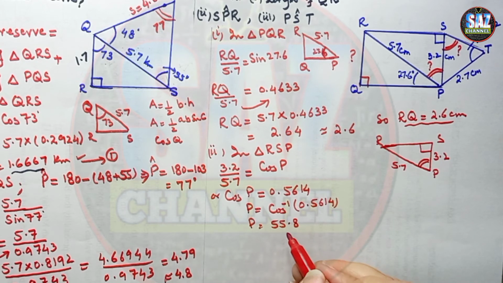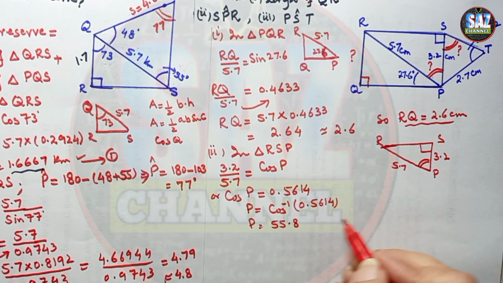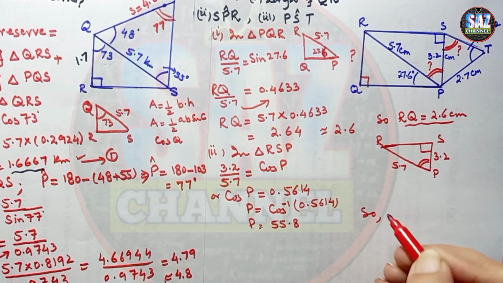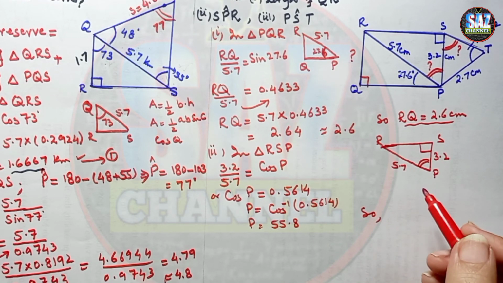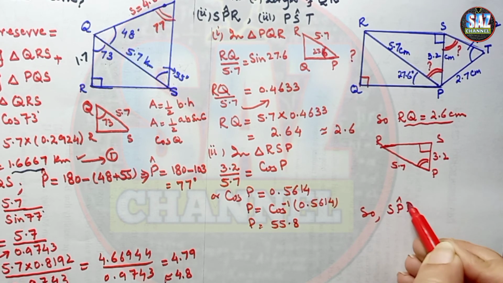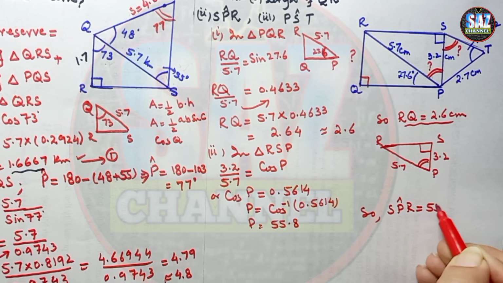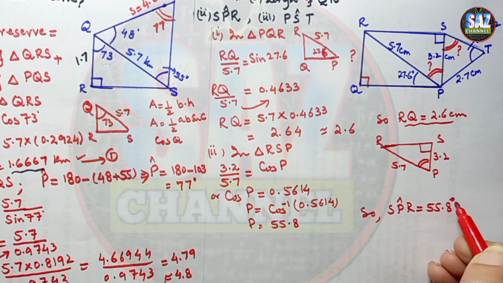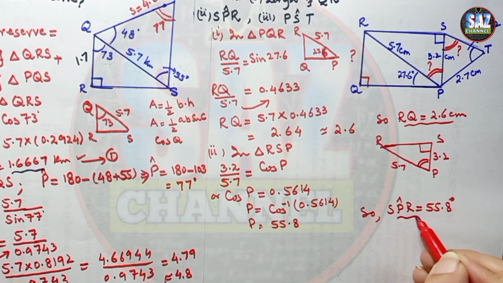So P equals 55.8 degrees. The requirement of the question is that angle SPR equals 55.8 degrees. I hope you are clear about this part.